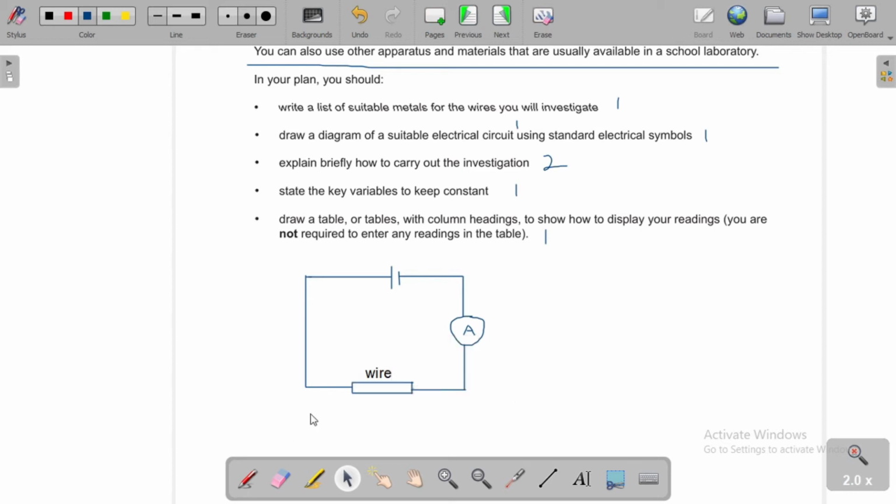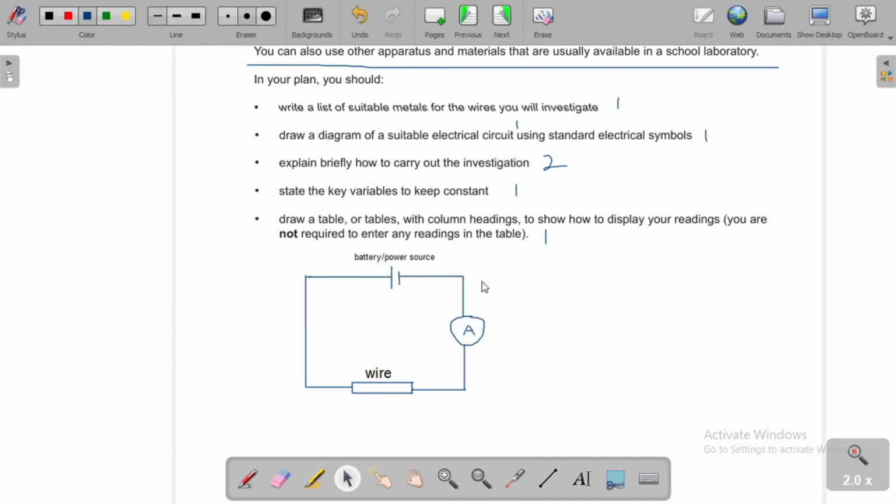Wire. This is our power source. Battery slash power source. Let's have it here, our battery or power source. Hope it's not too small.